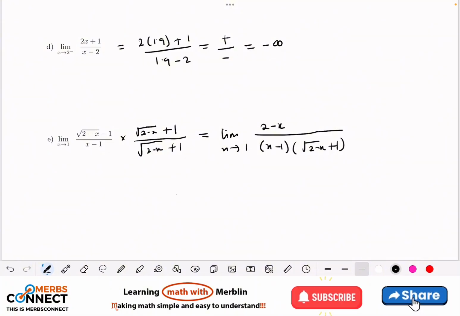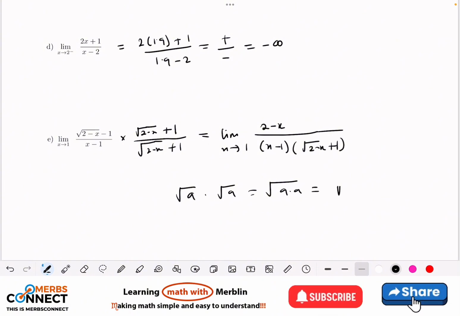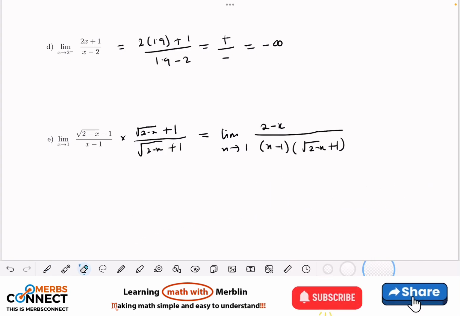The idea is that root a times root a is the same as root of a times a, which is the same as root a squared. Then this one will cancel this and you get a, right? Since they are the same, you get one of the values under the bracket.